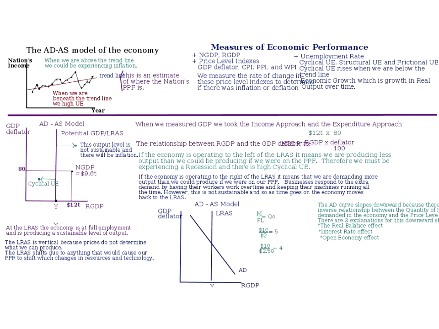So those are the three explanations as to why the AD curve slopes downward. Now, what might cause it to shift?